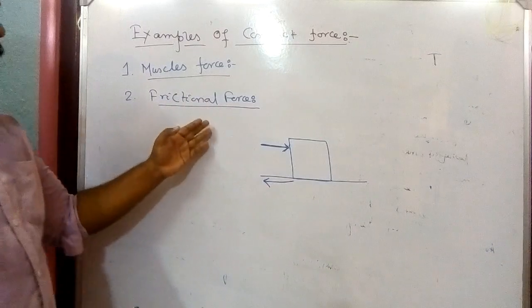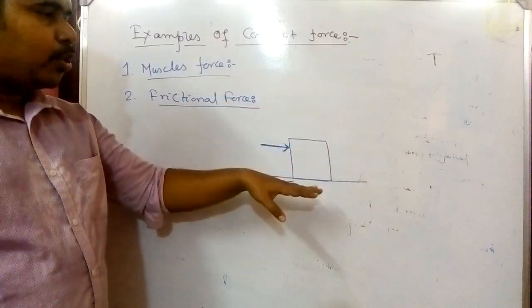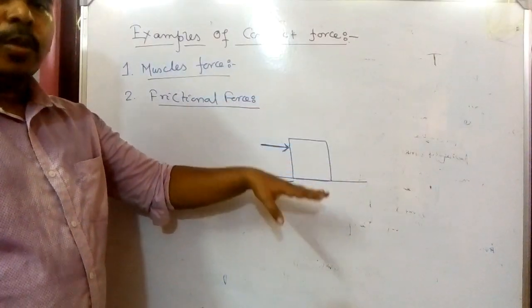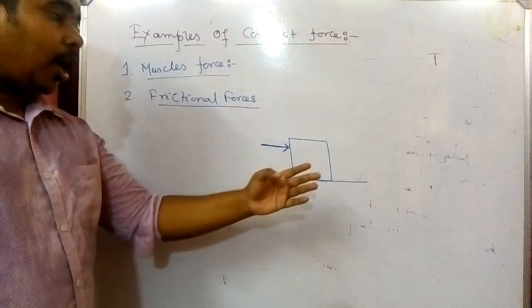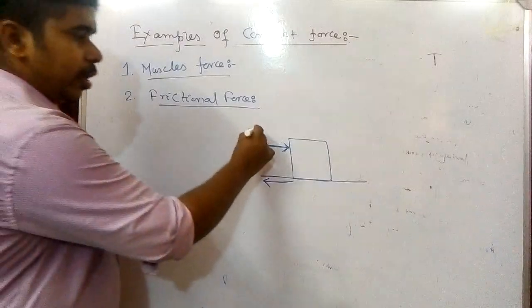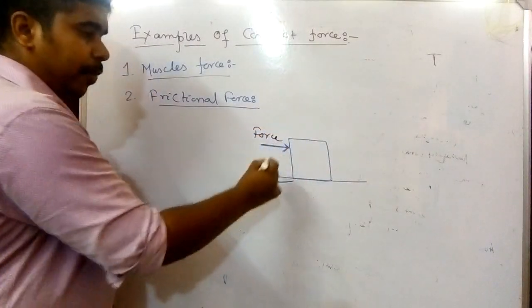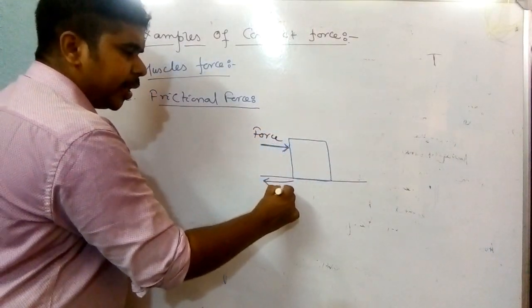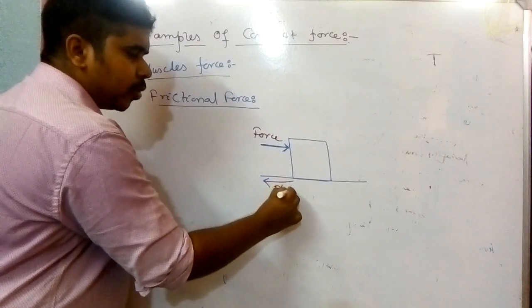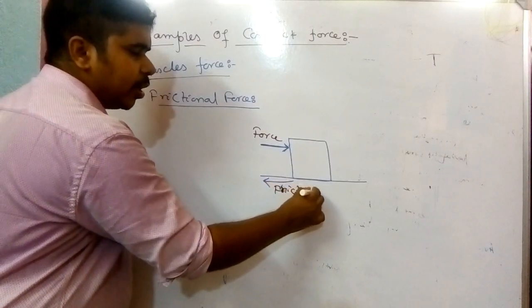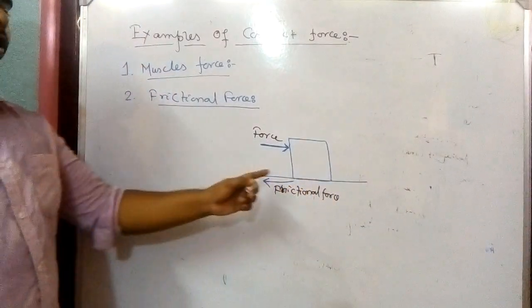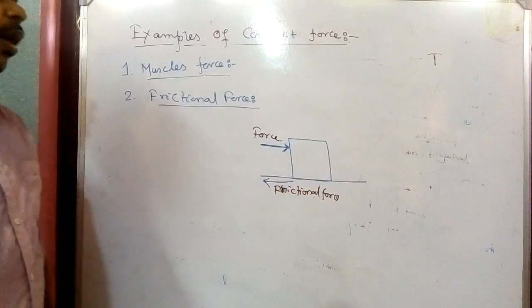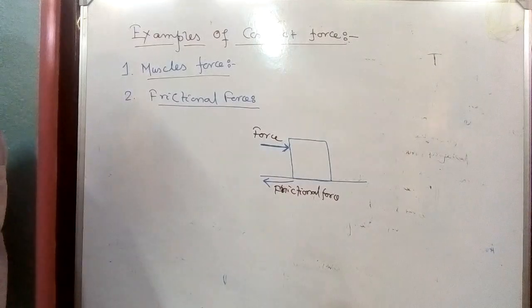To apply the frictional force, the body should make contact with the surface, and only then a force acts opposite to the motion. Here you have applied a force and the force acting in the opposite direction is known as frictional force, which acts opposite to the motion of the body. That is one kind of contact force.